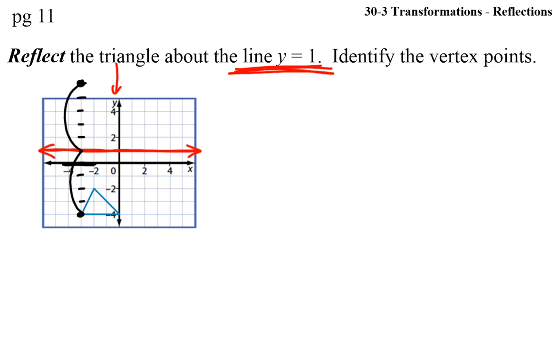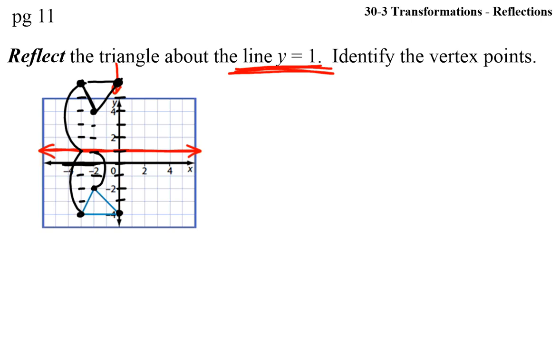So my next point on the triangle, 1, 2, 3 away from the line of reflection, takes me to that point there. And I can now connect those two. And finally, my third vertex, 1, 2, 3, 4, 5 away from the line of reflection.